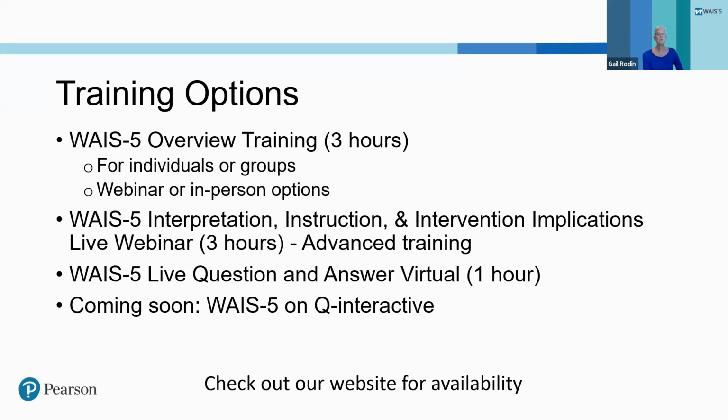You've had a chance to work with the WAIS a little bit, and your questions are coming up. Well, I got this answer, or I wasn't quite sure how to do that. And here we're going to answer all your questions in an hour. And soon we are also going to add on a new training, which is WAIS-5 on Q Interactive, which I'm sure many of you are waiting for. And you can look at our website for the availability of these.